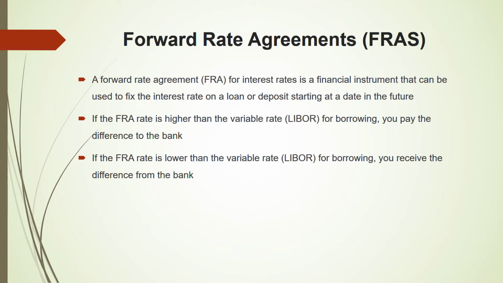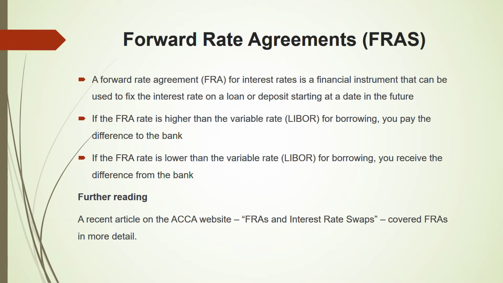But FRA rate is 3%. That means you are paying extra 2% more. So that 2% you will receive from the bank. So that again 5 minus 2, your rate again becomes 3%. Understanding? Now, for further reading, you can read on your ACCA website their technical article named FRA and interest rate swap. Their FRA is covered in more detail, and I really recommend you to read it. It's a must read.